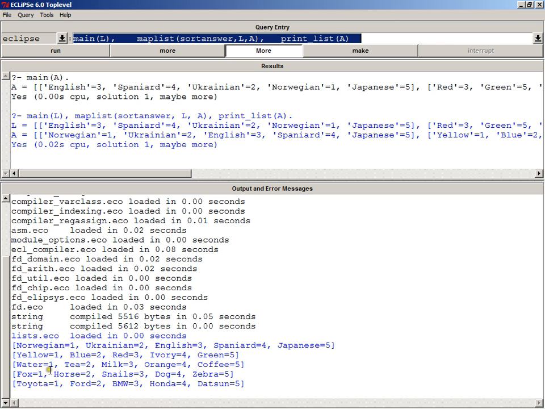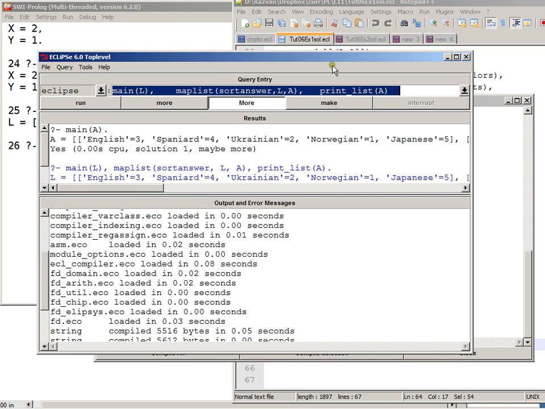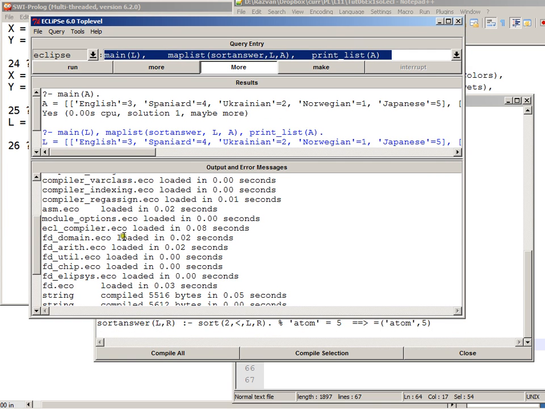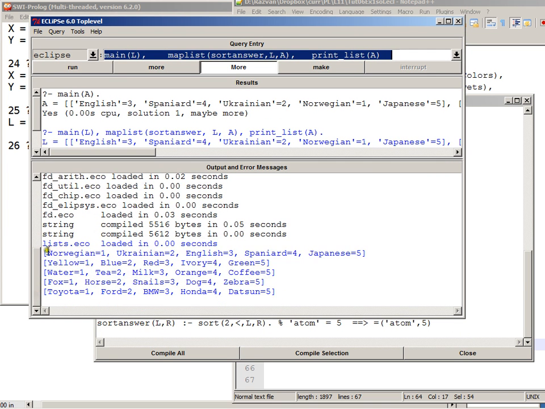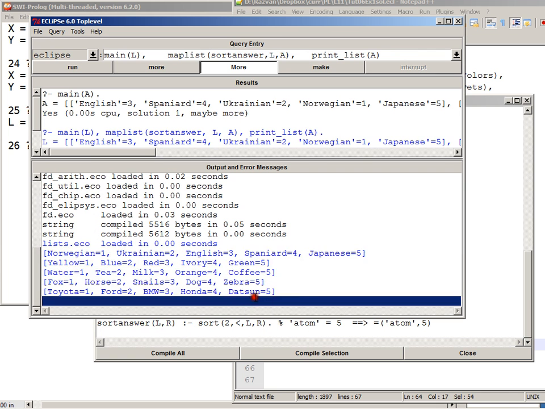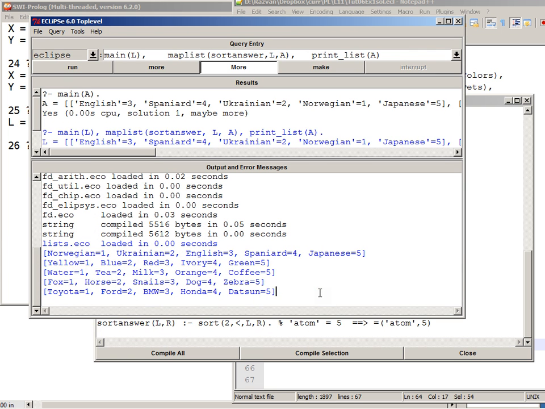Now the print list prints things on the screen rather than returning them as an answer. In the lower window, you will see the printout. You see that every list appears with its numbers in increasing order, so all numbers appear from 1 to 5.